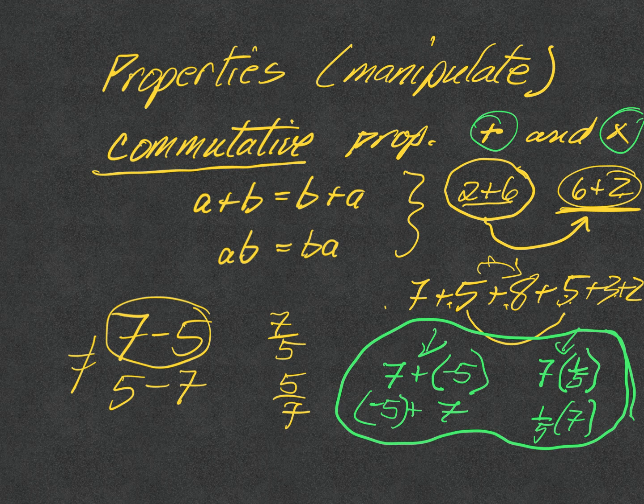All right, let's talk about the associative property and how it's different. One of the things I want you to know is that it also works for multiplication and for addition. But one of the things I want you to notice is that everything is always in the same order.